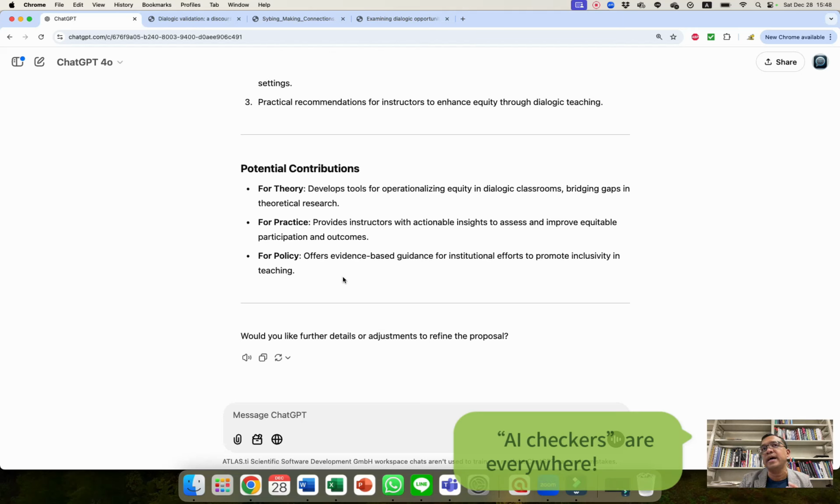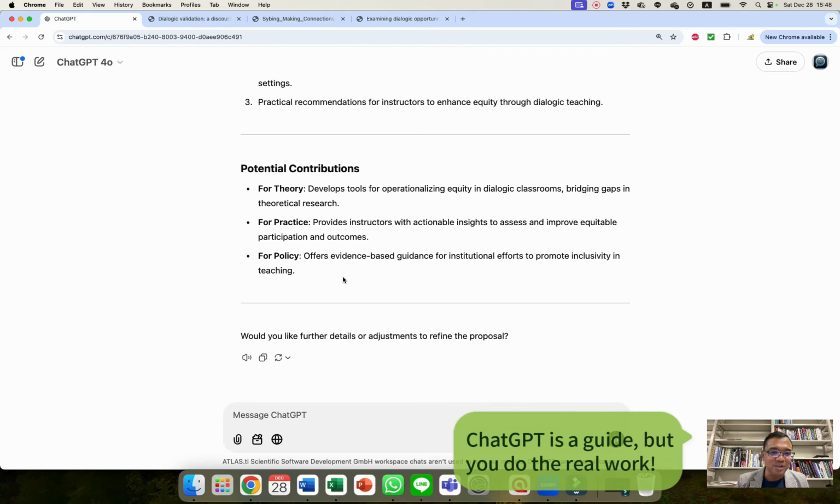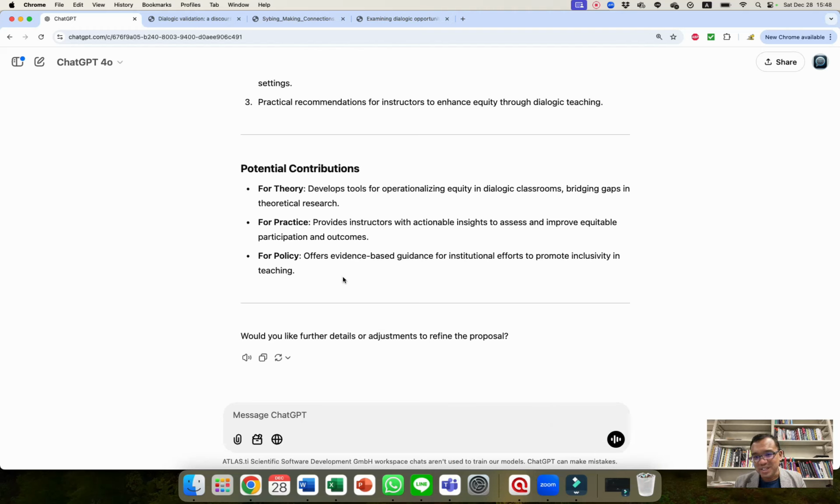At least for now, I stress the importance of using ChatGPT for inspiration rather than for reference. As best as possible, use what's produced here in your own words.